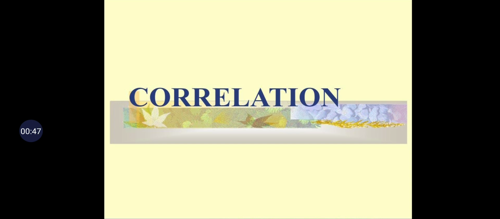What is correlation? Correlation is the relationship between two or more variables, and a coefficient of variation. That is called a correlation.